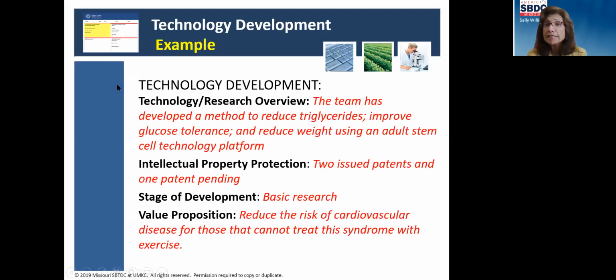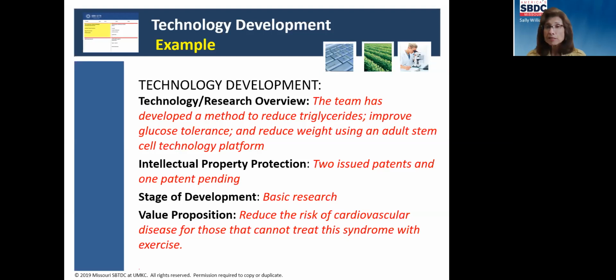So here's our example, all right? So this is about a technology that is a method to reduce triglycerides using a stem cell technology platform, okay? So this is in some way using stem cells to reduce triglycerides, improve glucose tolerance, and reduce weight, okay?